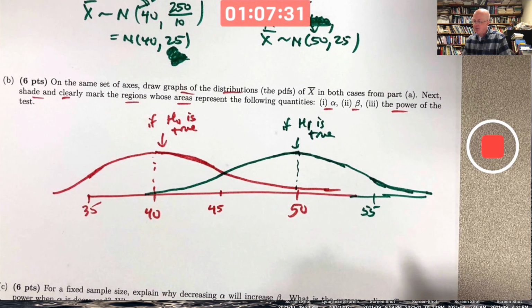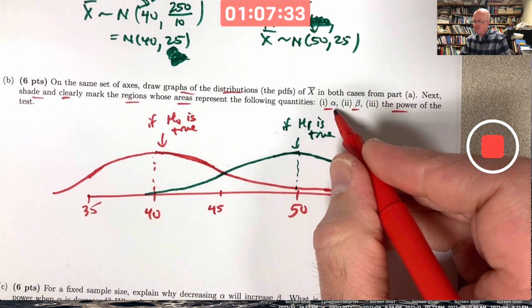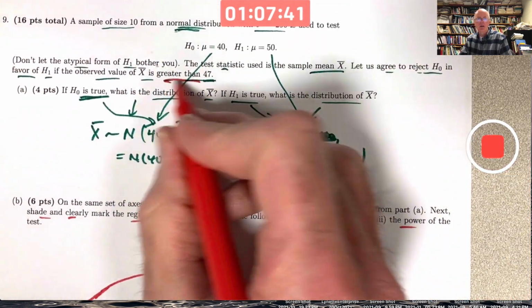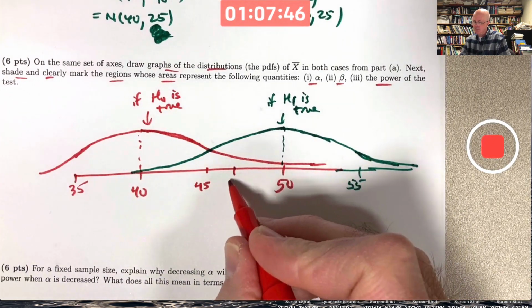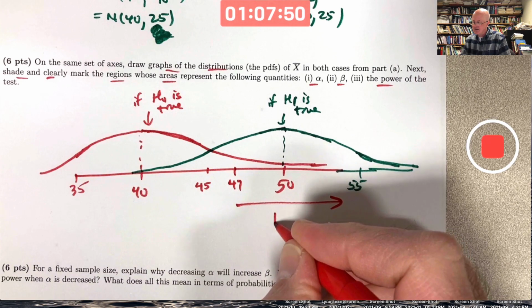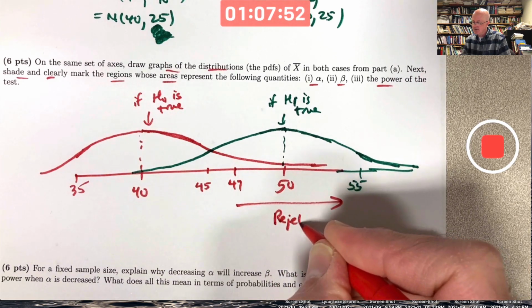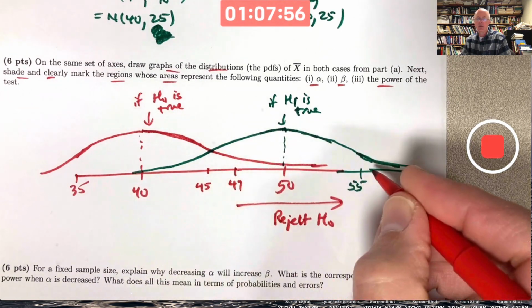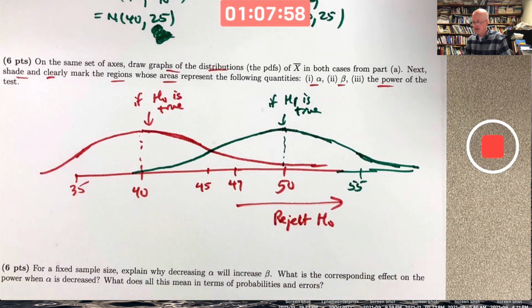Alpha is the probability of a type 1 error. Probability of rejecting the null when you should not have, because it's true. The rejection region is 47 or greater. When x bar is 47 or greater, we reject the null. That's the rejection or critical region. Everything greater than or equal to 47, say.